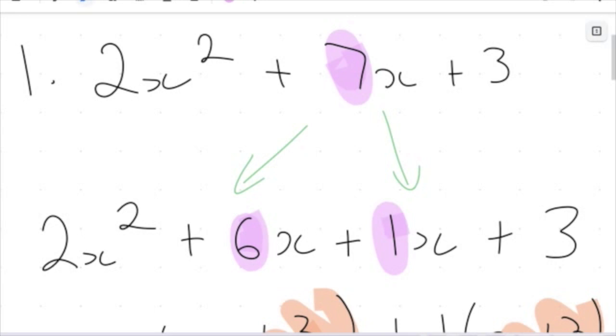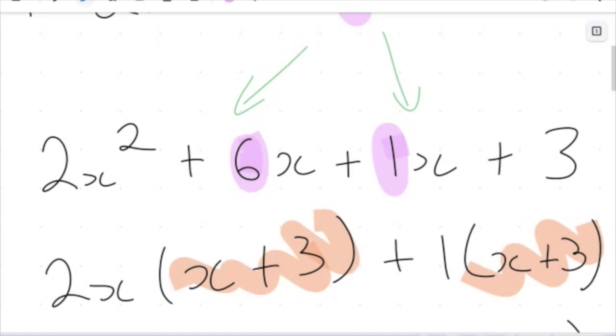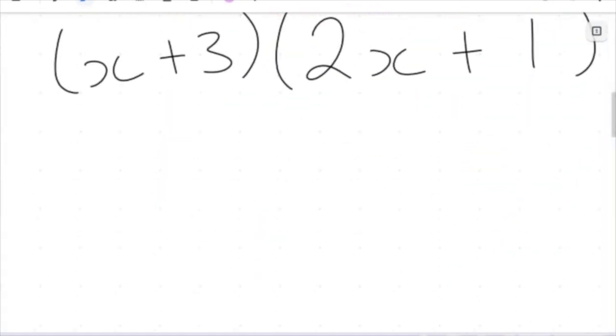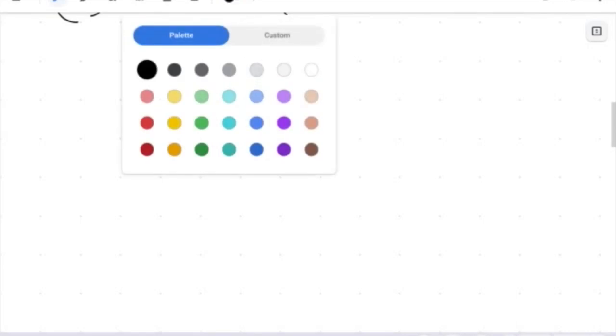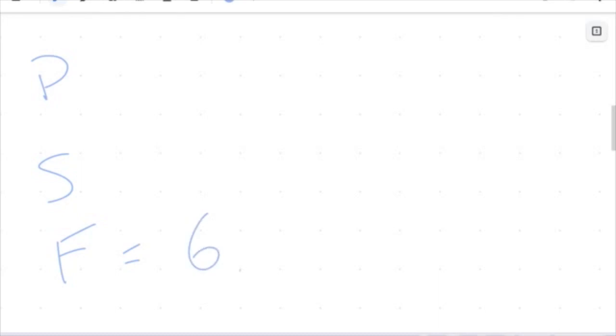But this thing that they multiply to, so if I add the factors, I get 7. If I multiply these, I get 6. Okay, so my product, I already know my factors. So my factors are 6 and 1. And they added to give me 7.